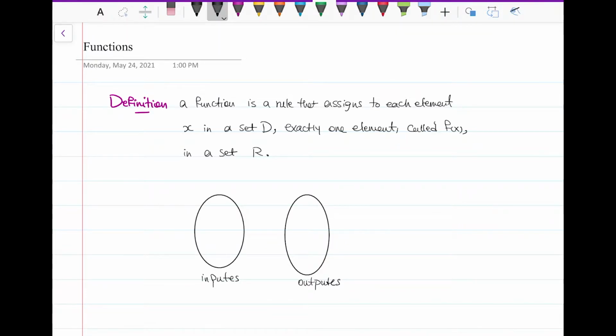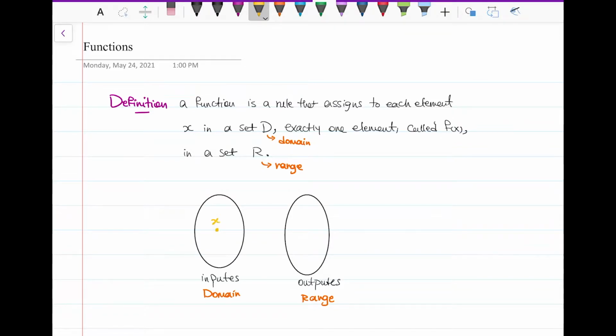The inputs are in the set that is called the domain, and the outputs are in the set that is called range. So the set D in here is the domain, and the set R in here is the range. And we have some elements in each of the sets.